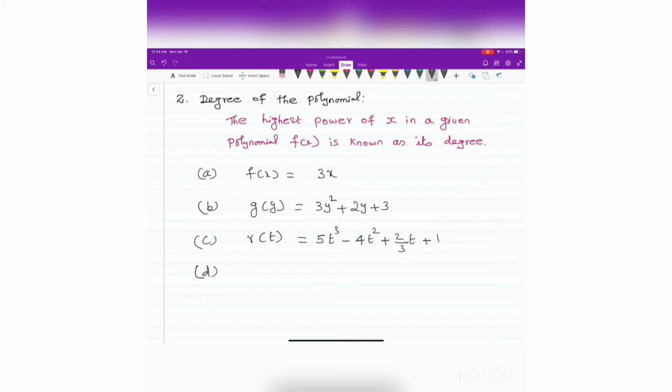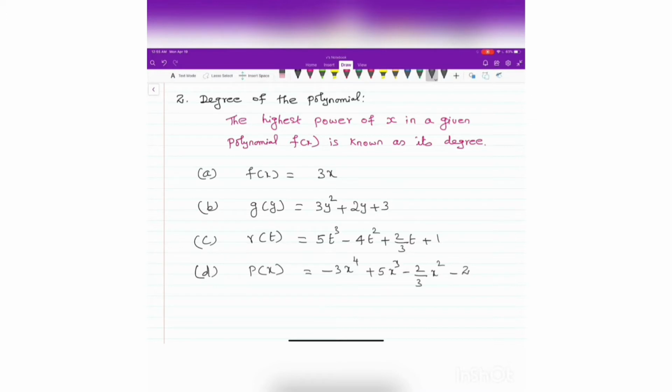I think these 4 examples are enough to decide the degree. That will make you recall what you learnt in your previous session. Then let me take p of x is equal to minus 3x power 4 plus 5x cube minus 2 by 3x square minus 2.